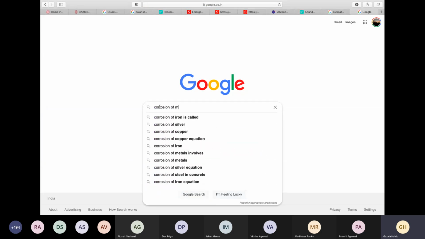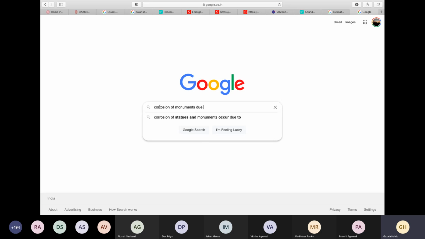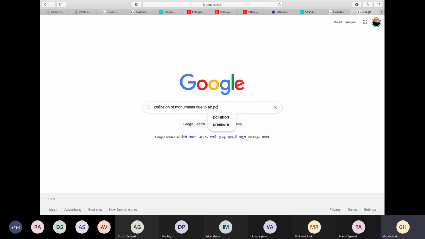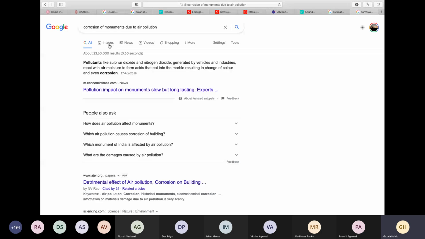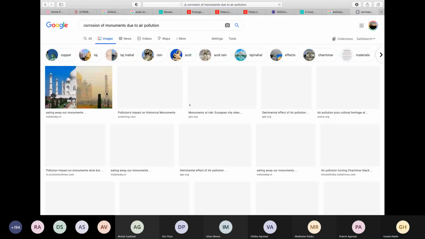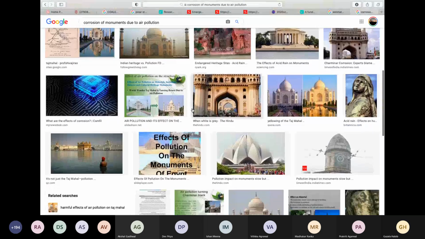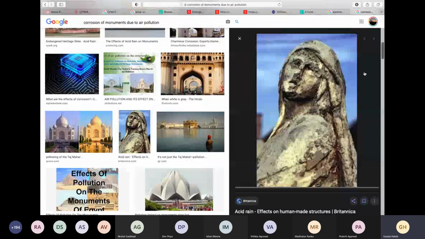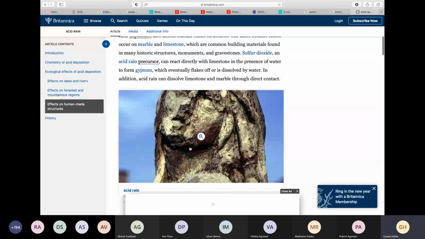Deterioration of monuments due to air pollution. I will just show you the image because that will explain more than the words. Yeah, this is something. Can you see this image? Can you see this image?